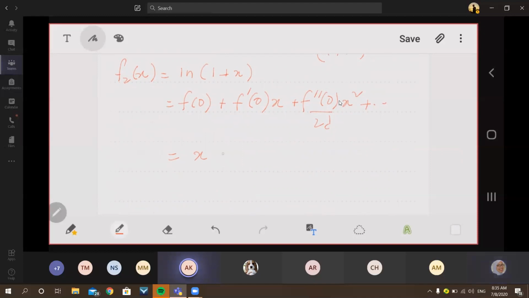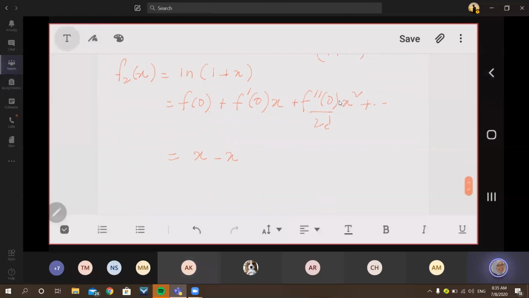So you get minus x squared on 2 factorial. Yes.